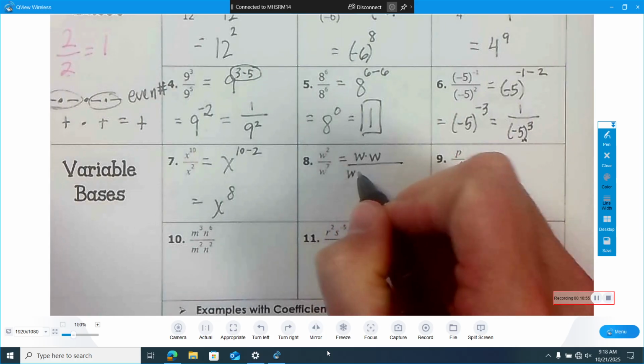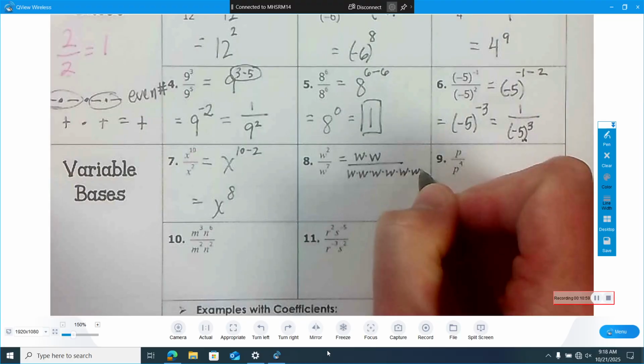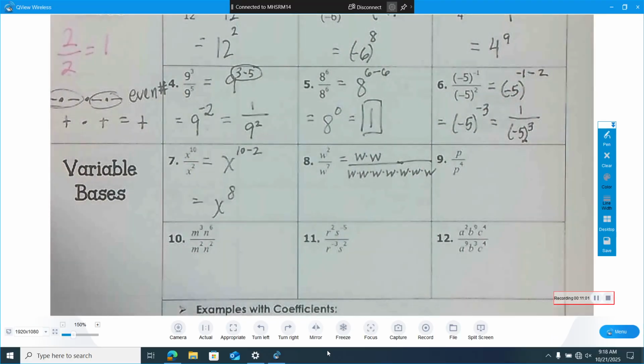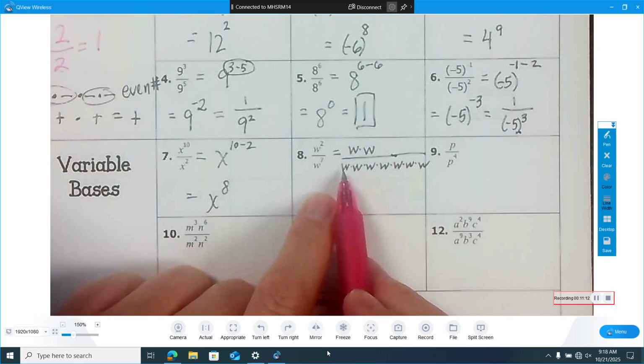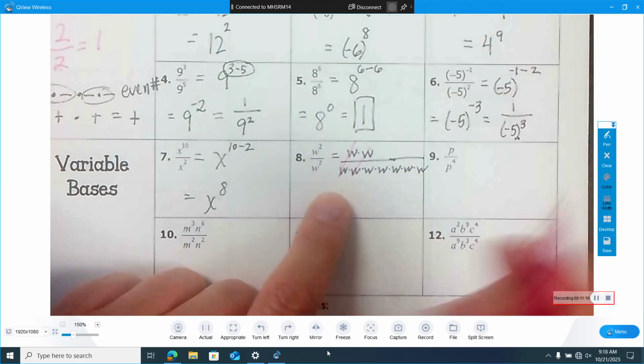W to the 7th. 1, 2, 3, 4, 5, 6, 7. Of course, when I do this stuff, I don't write this out all the time, but I can see it in my head. What's going to happen when I have W times W on top and the 7 W's written out on the bottom? What are they going to do? They're going to cancel out.